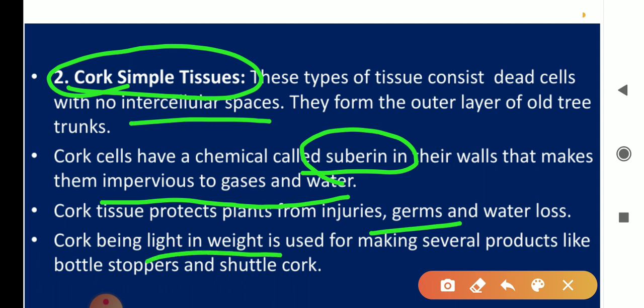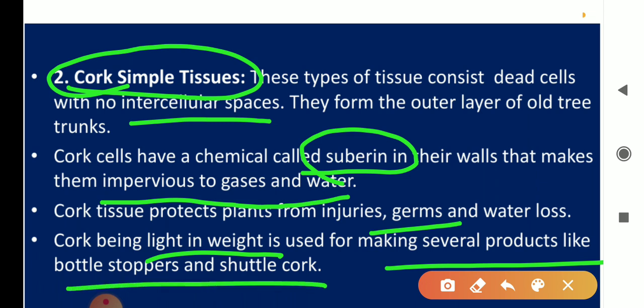It is very lightweight and used for making several products such as bottle stoppers and shuttlecock corks, and you all know cork balls are also there. Cork is used mostly in making sports material, as you know, the knee pad and elbow pad, these all have cork inside. It is spongy as well as lightweight.